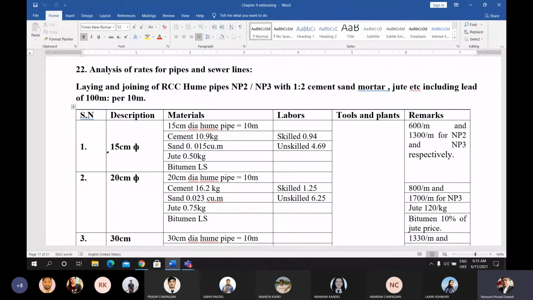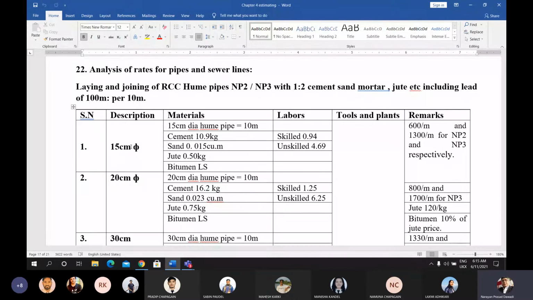Before inserting the collar, jute is applied as hemp. That jute is generally immersed in liquid bitumen, and that coated jute is wound round the collar of one pipe, and it is inserted into the other pipe.